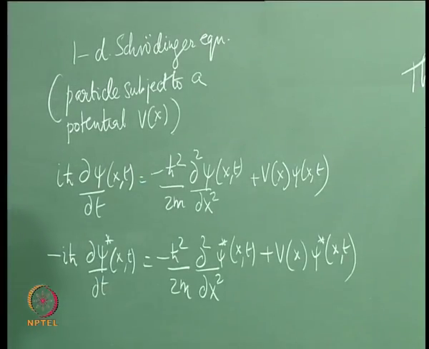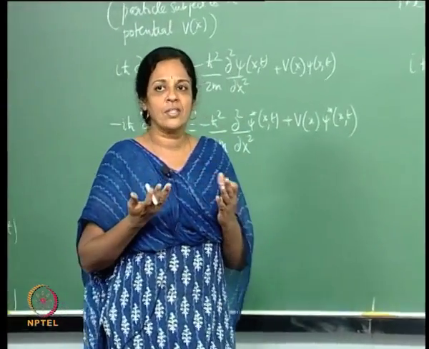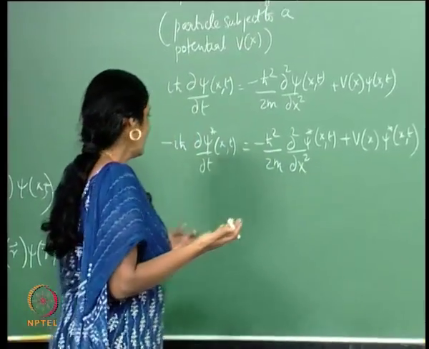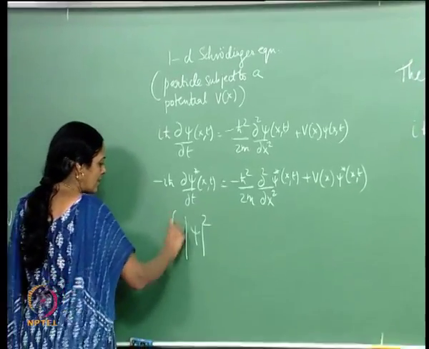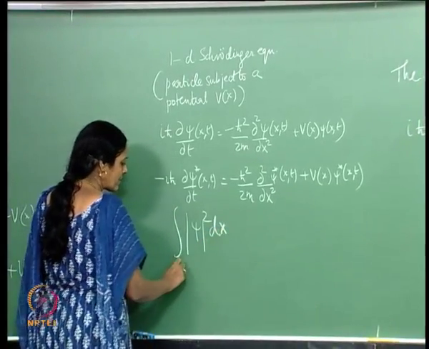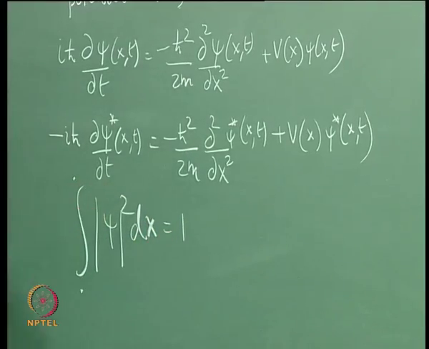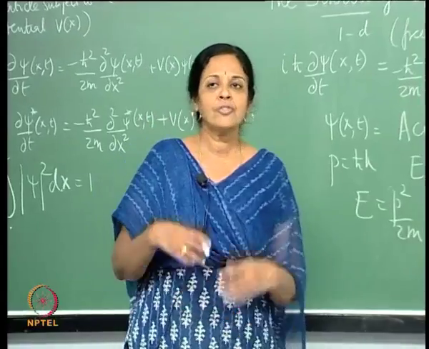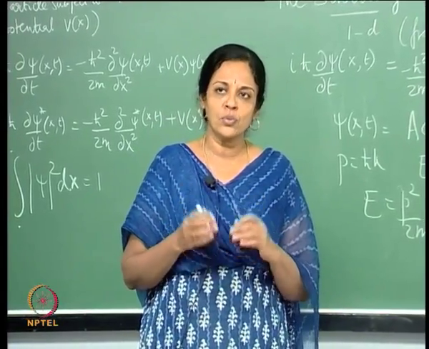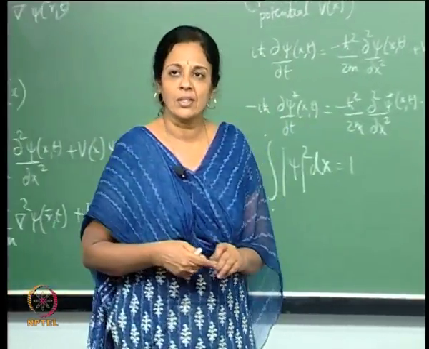Since we are looking at systems where the probability of existence of the system is 1, and |ψ|² is the probability density, and we require this between the limits of dx to be 1, that is the total probability to be 1, it is clear that the wave function ψ and therefore ψ* have to belong to L2, the linear vector space of square integrable functions.